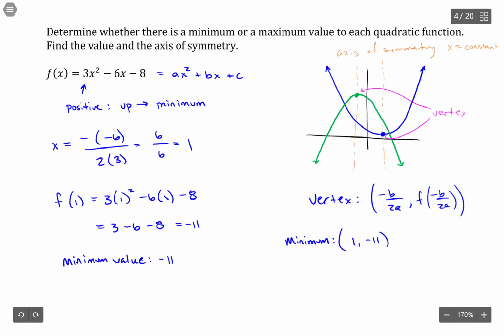We just have to know what that constant is. Well, the constant is going to be the x location of your vertex. So the axis of symmetry, its equation will be x equals 1 in this case.